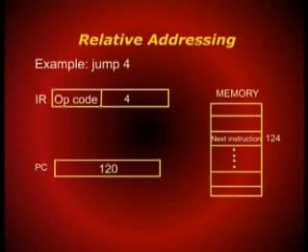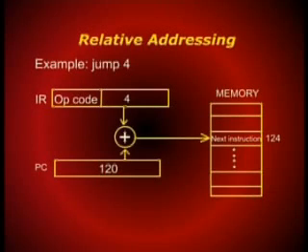In this case the program counter contains 120. The constant following the opcode is 4, so the resultant would be 124, and it would give the next instruction to be executed as 124. This is normally used for short jumps and is called relative addressing mode.